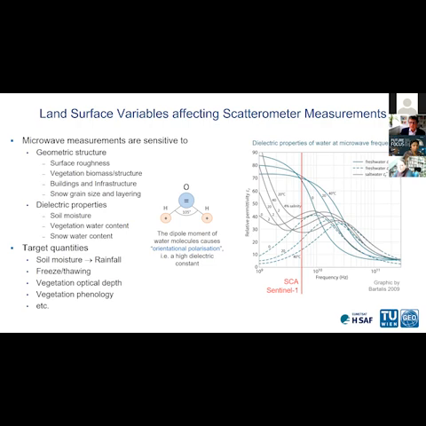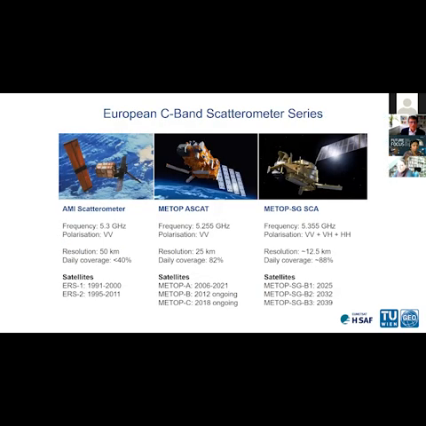So here's the sequence of scatterometers we have been working with, starting from the scatterometer on the ERS-1 and ERS-2 satellites, over to the METOP ASCAT, and now to the METOP Second Generation SCA instrument. It's very nice to see how the spatial resolution has improved from 50 kilometers to about 12.5 kilometers for SCA.